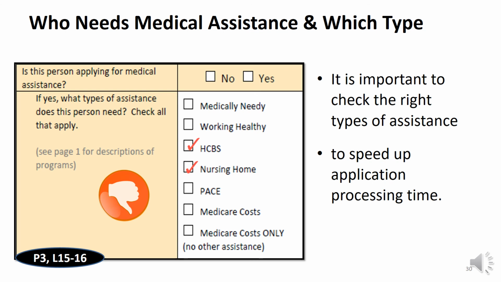For example, the family may know that their mother is residing in a nursing home, but they have 2 wings in that nursing home. One is a skilled nursing, long-term care nursing home type of coverage, and the other is assisted living. So that would be HCBS coverage. So make sure you understand which program you're actually asking for and check the right box.